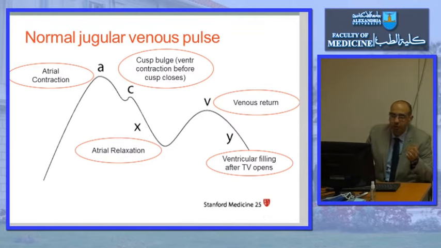As we talked before in physiology, blood will go to the ventricles 70% by gravity, so it is the Y wave, passage of 70% of the blood in the atrium by gravity, and then the remaining 30% are pushed by atrial contraction. It is the A wave.